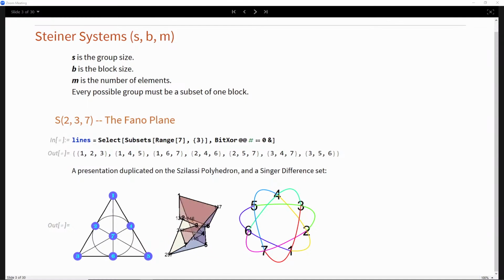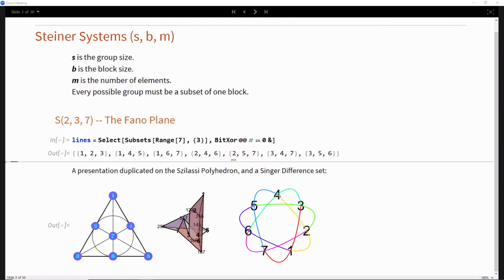Each of the 7 faces has 3 numbers on it. And this particular one corresponds to, well, I think these are 3 different Fano planes here. Yes, 3 different Fano planes. So that's an example of a Steiner system there.